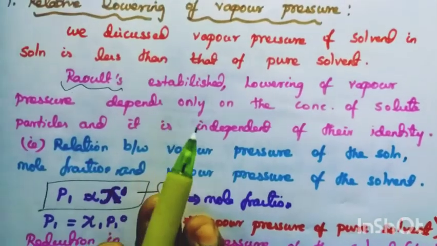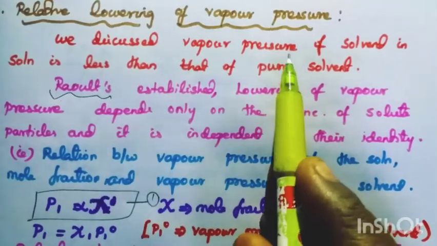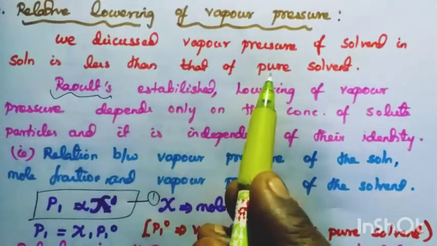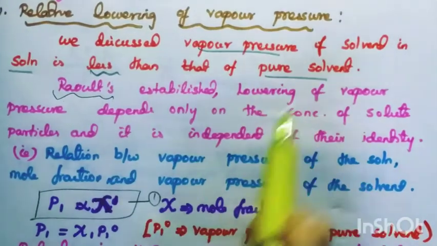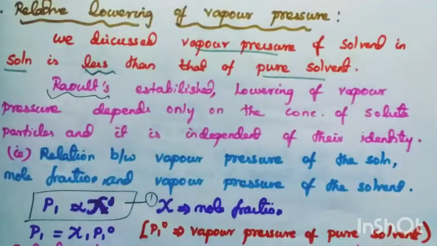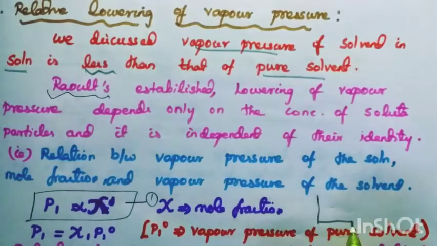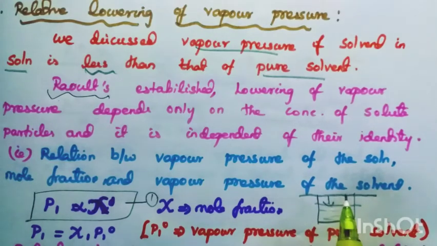Now we are going to see the relative lowering of vapor pressure. This is our first topic. We discussed that the vapor pressure of the solvent in a solution is less than that of the pure solvent. What is vapor pressure first? If you take one beaker, fill it with water and close the container, there is a pressure exerted between the walls and the surface of the solvent.